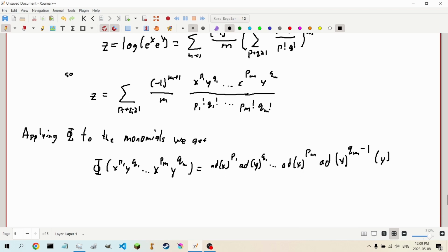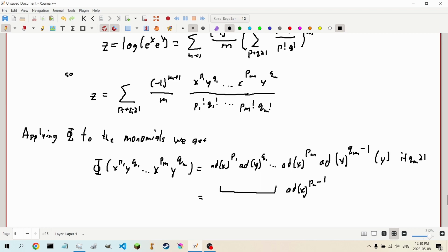This is if qm is greater than or equal to 1, and if not, then all of this is the same up until the adjoint of x, and this one gets split off.